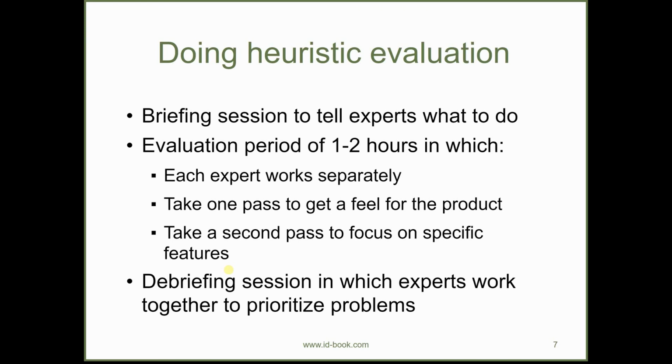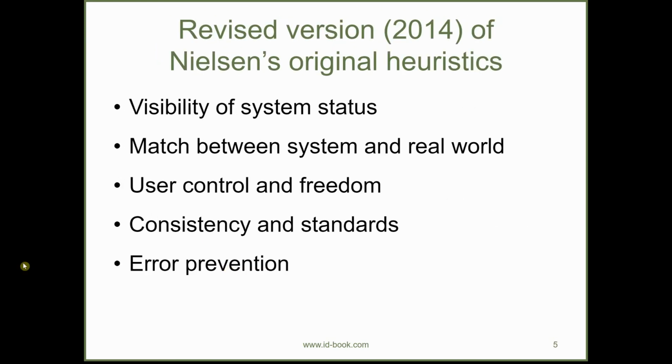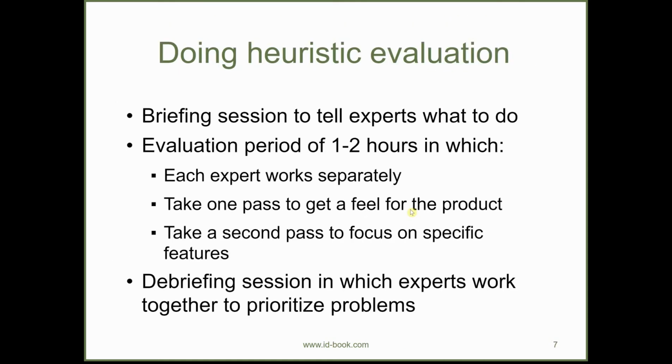They go through each of these principles, evaluate the interface against the principle, and come up with a rating. They do it separately first, and then they share their ratings with each other. In the end, they come up with a final rating and some recommendations for improving the design.